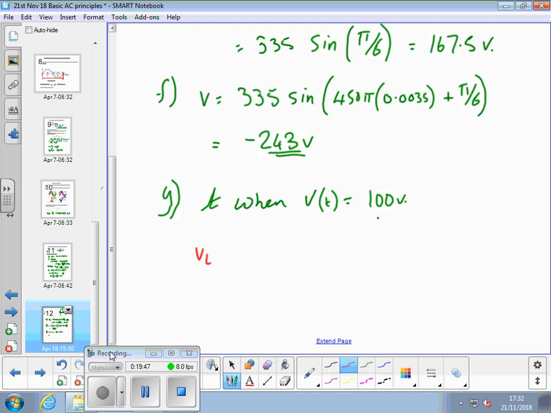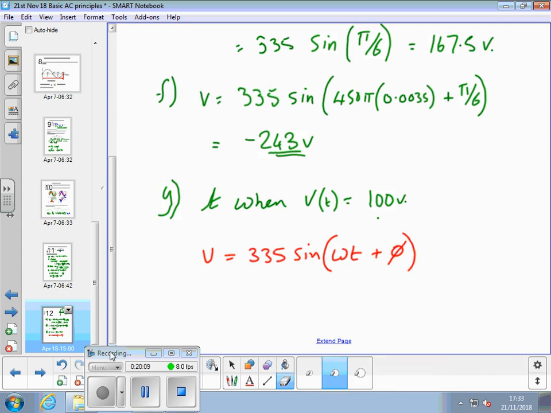So v(t) is equal to, I'm just going to use little v in here because otherwise it's going to get a bit cluttery, 335 sine omega t plus theta. Let's put v peak in there for a minute.